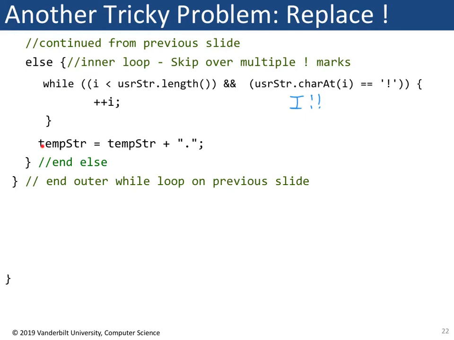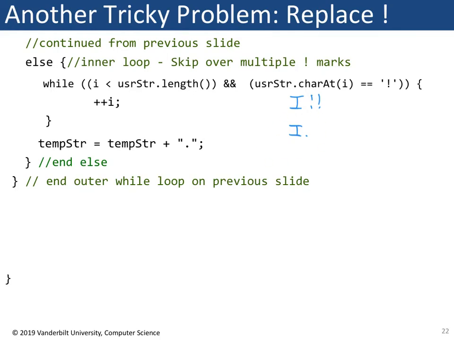We'll jump to the next statement, and we are going to concatenate a period with our temporary string. So the result is "I." being stored in the temporary string, and then we will exit this while loop altogether because we have found the end of the string, and the result is "I."